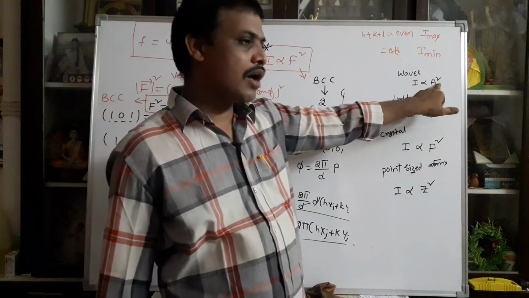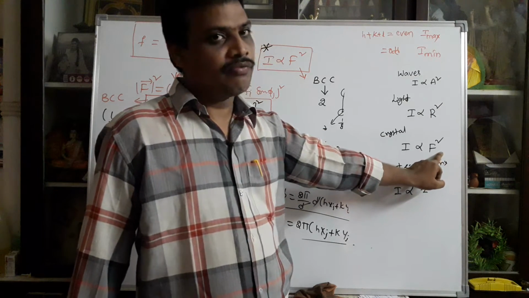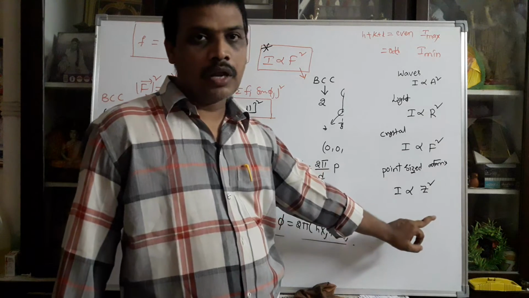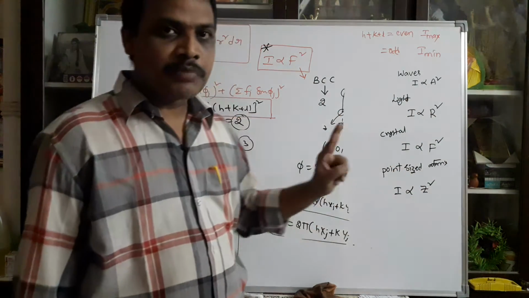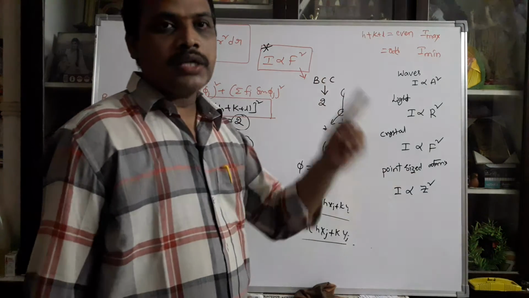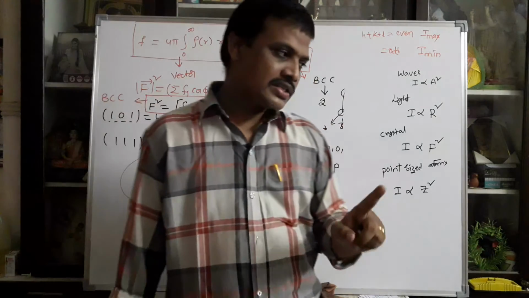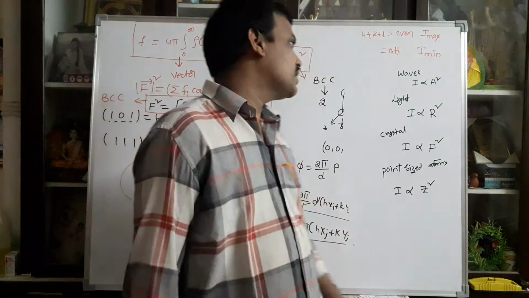One is the square of the amplitude, second is the square of the light amplitude, third is the square of the form factor, and fourth is the square of the atomic number. The square of the atomic number is applicable when the atoms in the crystal are considered as point-sized atoms. Then intensity I is proportional to Z square.